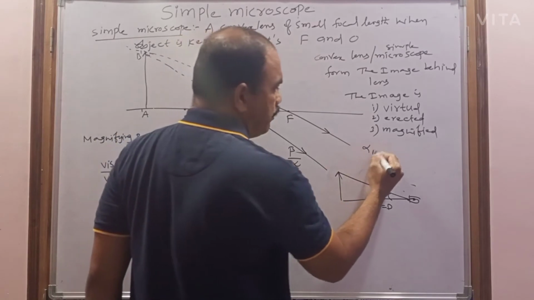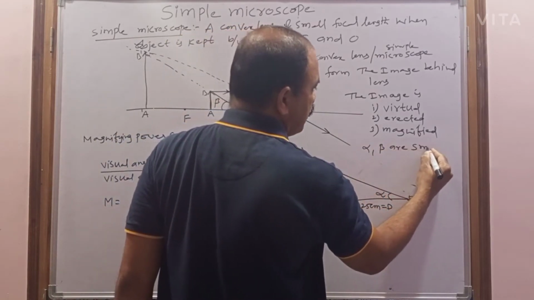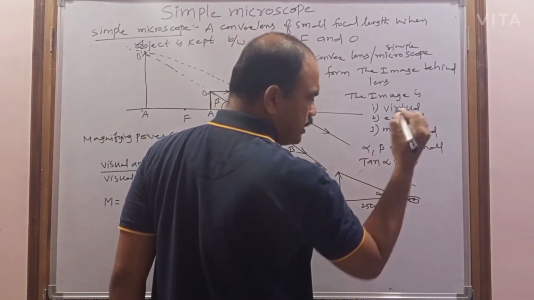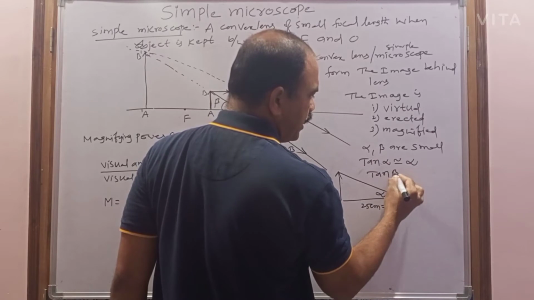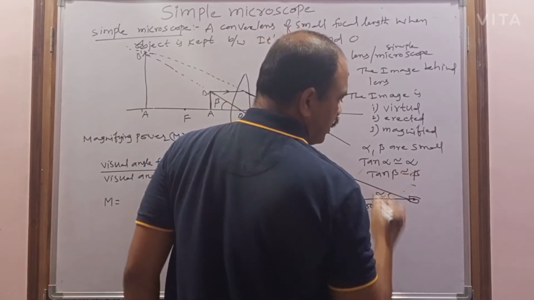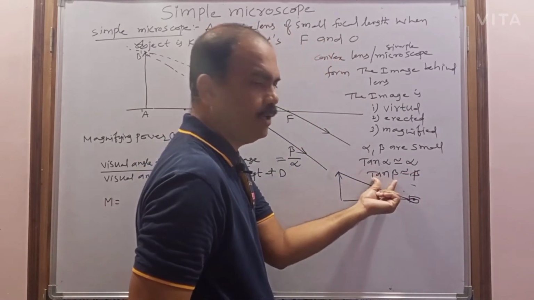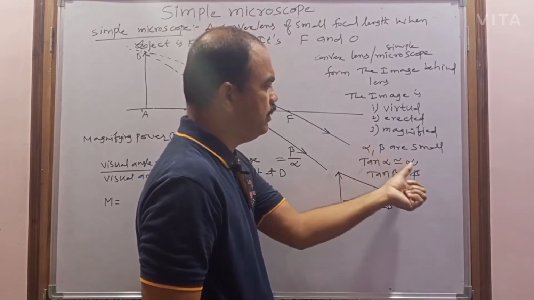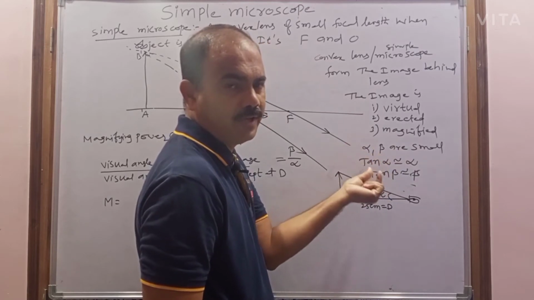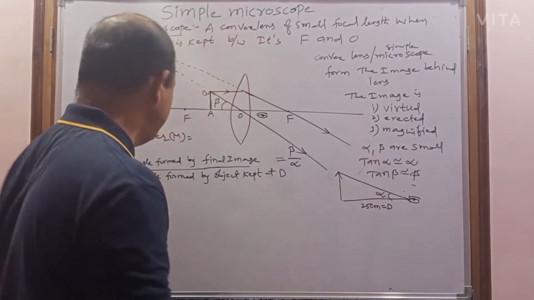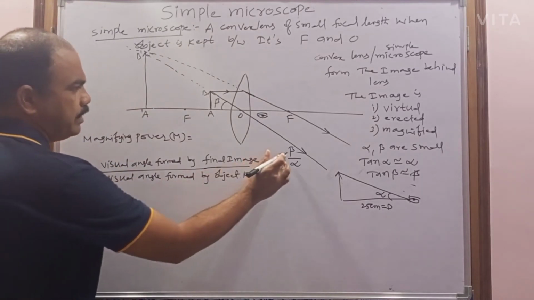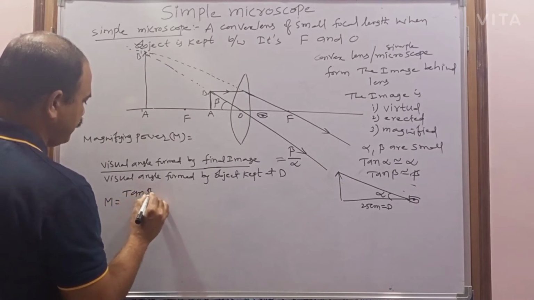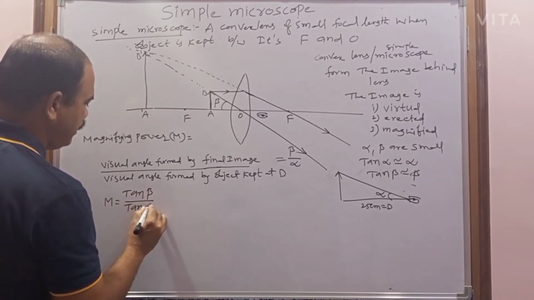Since alpha and beta are small, tan alpha can be taken as alpha and tan beta can be taken as beta. So the magnifying power M is equal to tan beta by tan alpha.